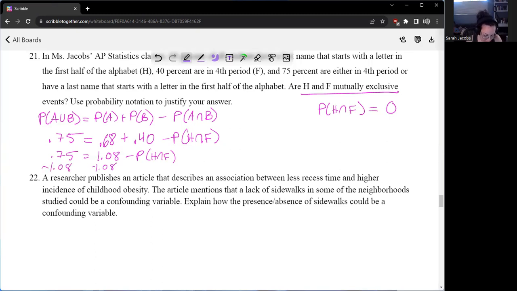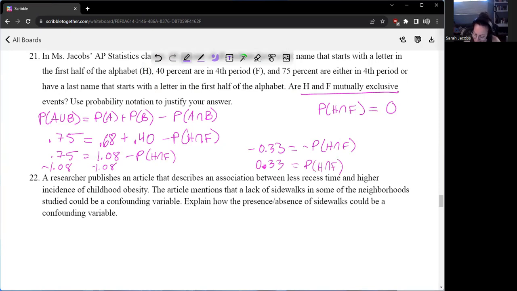And we get negative 0.33 is equal to negative the probability of H and F. Since they're both negative, we can multiply by -1. And we'll get 0.33 is equal to the probability of H and F.